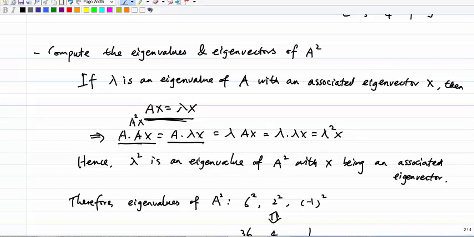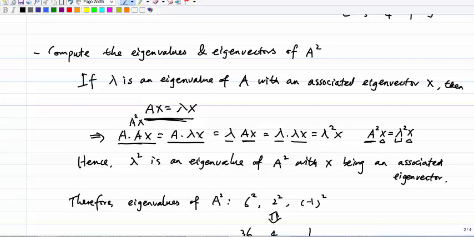On the right hand side, I can swap the lambda, because lambda is a scalar, and move it to the front. Then A times x is again lambda x, so it's lambda times lambda x, which is lambda squared x. So I have A squared x equals lambda squared x. What it means is this matrix has eigenvalue lambda squared.